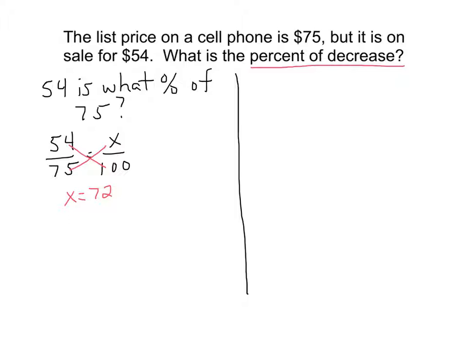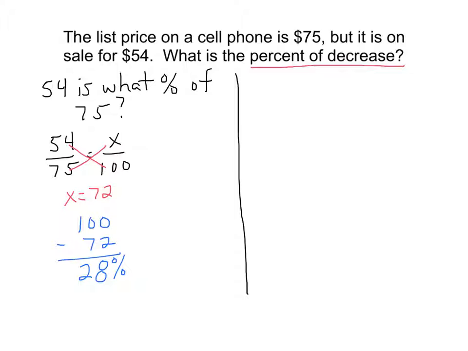But I need to do my subtraction now. I need to subtract 100% minus 72%, which gives me an answer of 28%, which is the percent of decrease for this particular problem.